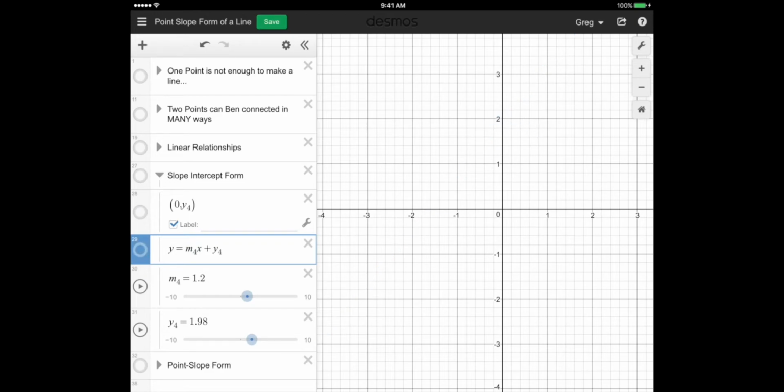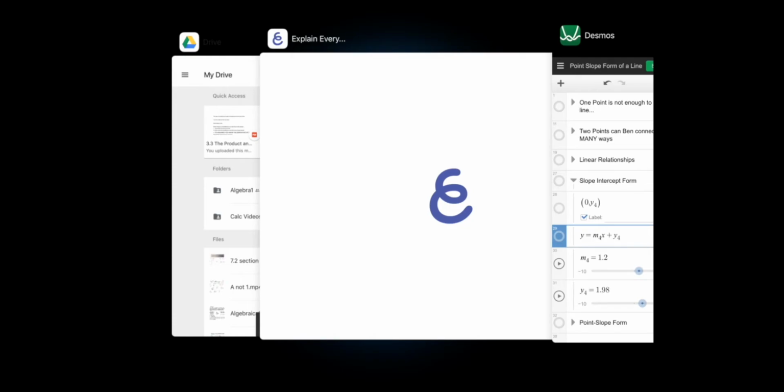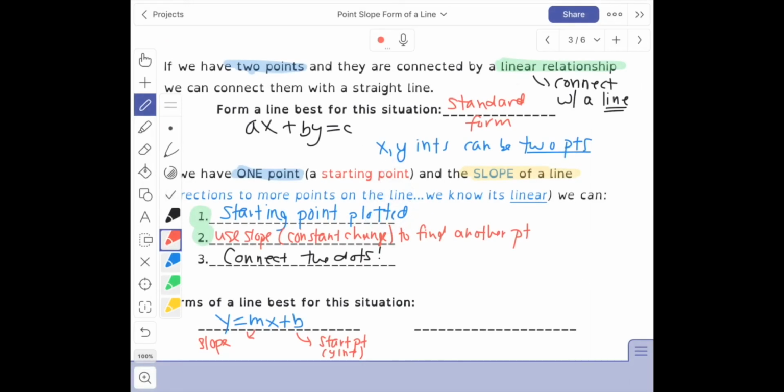Now today, our new form, point-slope form, is that same situation. So I'm going to go ahead and add point-slope form. We're going to write the equation on the next slide. But point-slope form is used for the same situation that slope-intercept form is. We have a starting point that we're going to plot as step number 1.